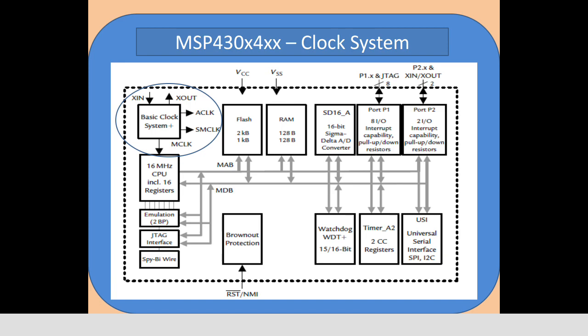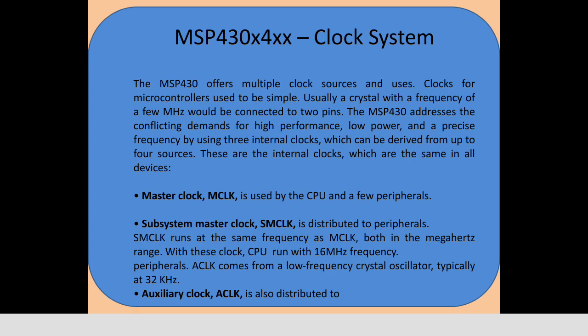The crystal oscillator has two pins here, one input that is XIN, the other output that is XOUT. With this we give the required external signal to the oscillator, and this oscillator provides three different types of clock: the master clock, the subsystem master clock, that is SMCLK, and the auxiliary clock, that is ACLK.